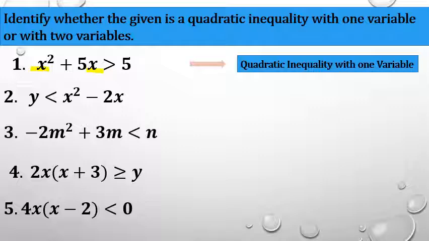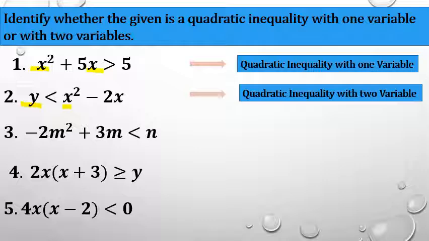Number 2, y is less than x squared minus 2x. Anong variables ang makikita? Y and x. So, ngayon, meron tayong dalawang letter or variable na ginamit. So, the given is quadratic inequality with two variables.